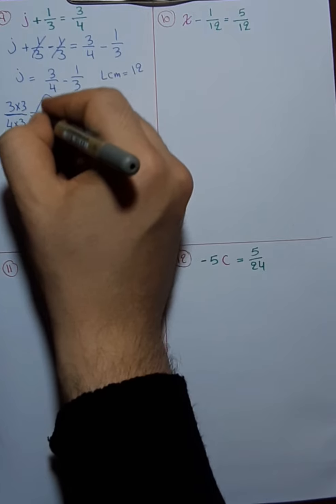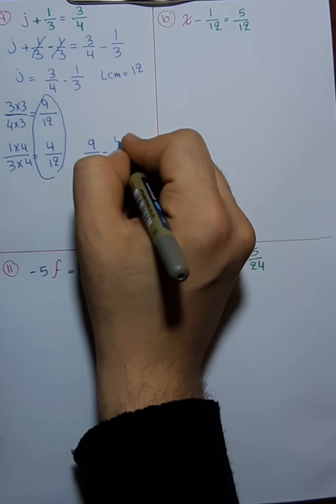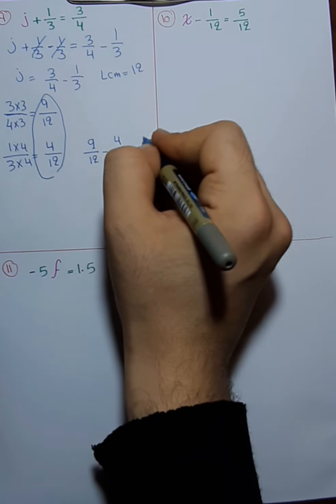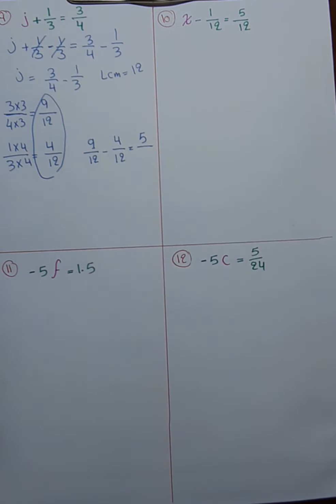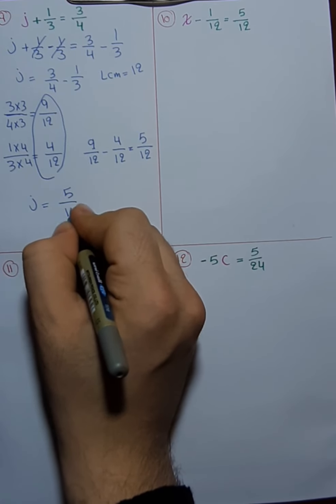Now you have these two fractions. 9 out of 12 minus 4 out of 12 equal to 9 minus 4 equal to 5, and write 12 as a denominator. So the value of J is 5 out of 12.